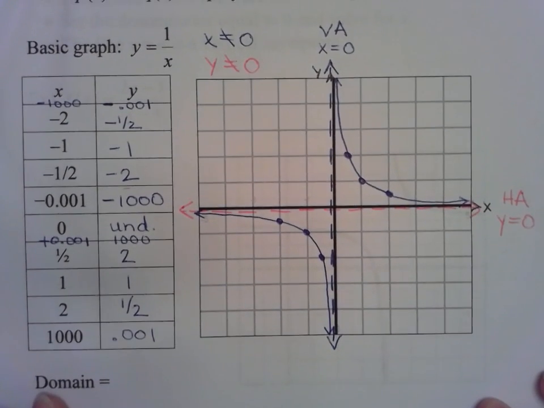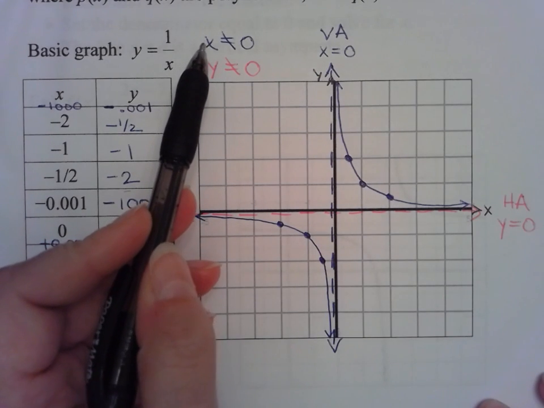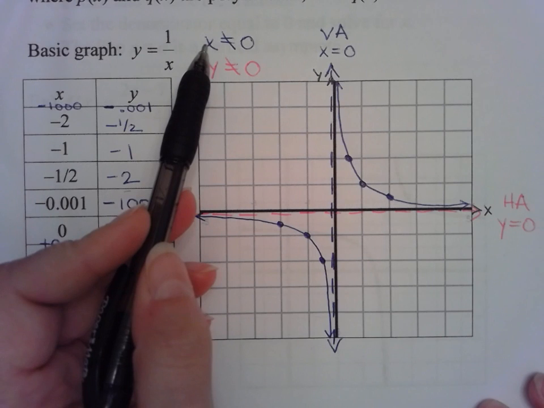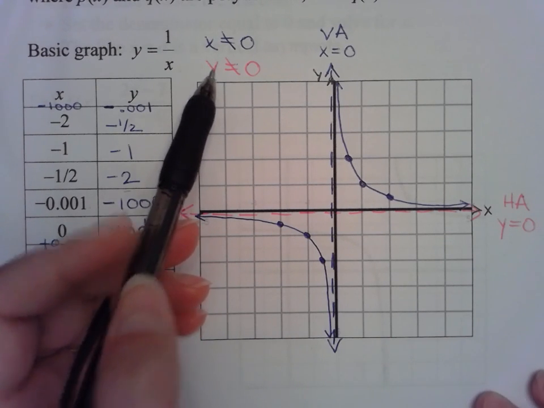The domain and range are going to come really from these 2 restrictions, right? So I can put in any number I want for x except for 0. And I can get out any number I want for y except for 0.